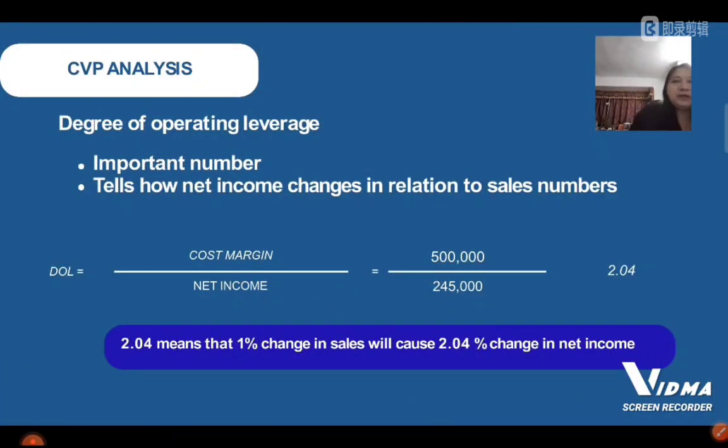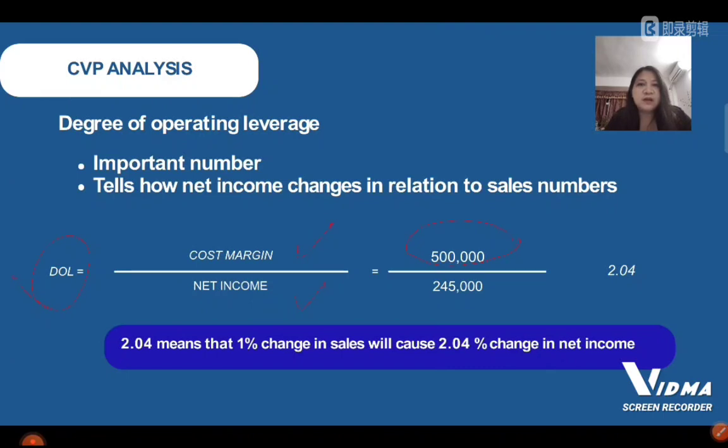And the fifth and last component of CVP analysis is the DOL, or the degree of operating leverage. This is a very important number because it tells us how our net income changes in relation to sales. To find our DOL, we need to identify again the cost margin divided by the net income. Our cost margin is our sales minus variable expenses, so that's 500,000 rupees.